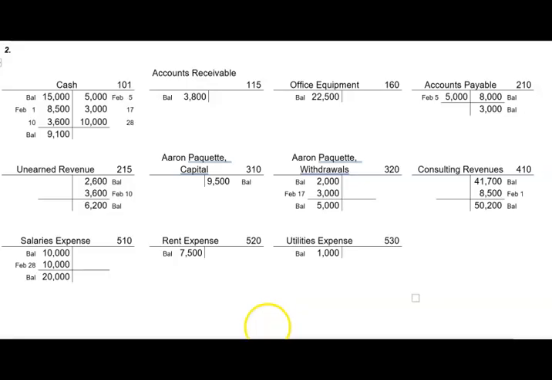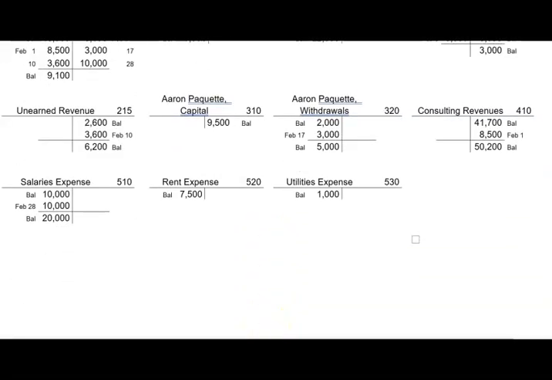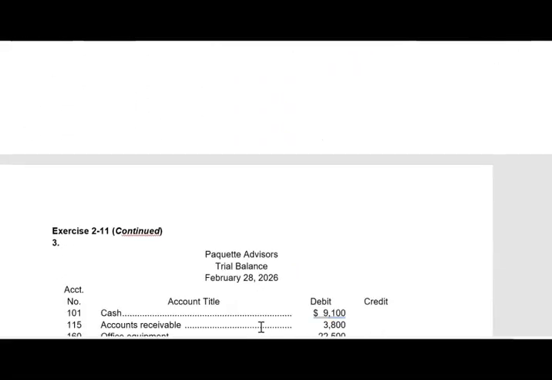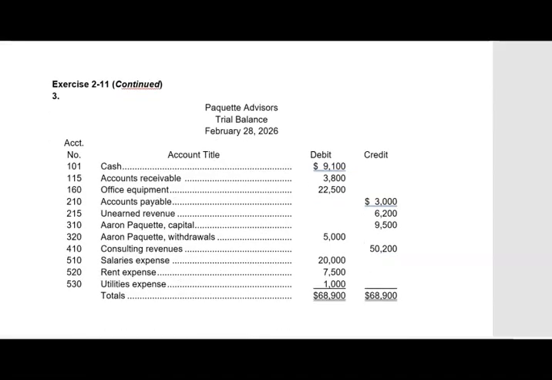And you can see that right here in your T accounts. So here we have our trial balance. Pause the video if you need to check them closely. We have an ending total of 68,900 in both our debits and our credits.